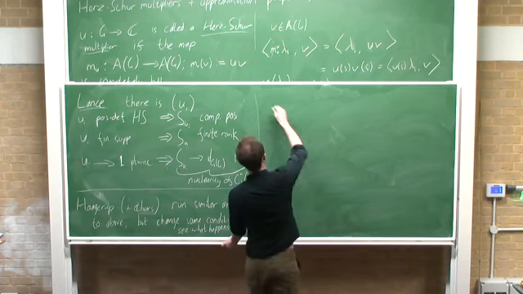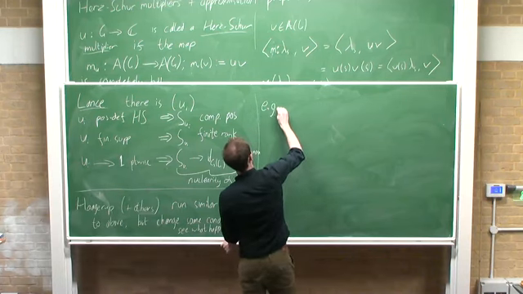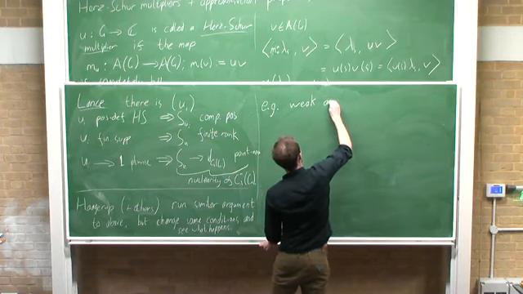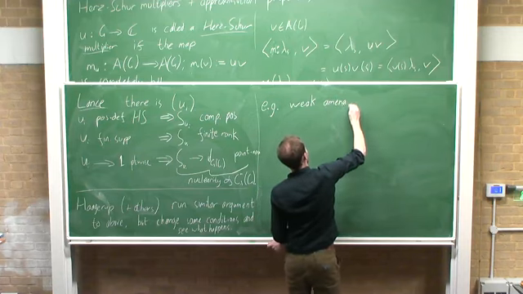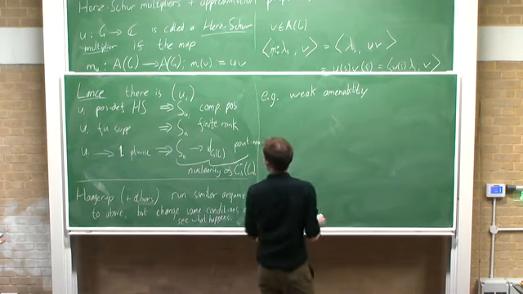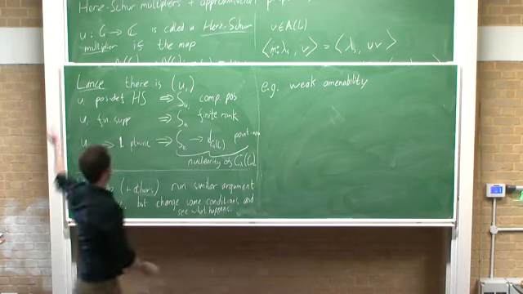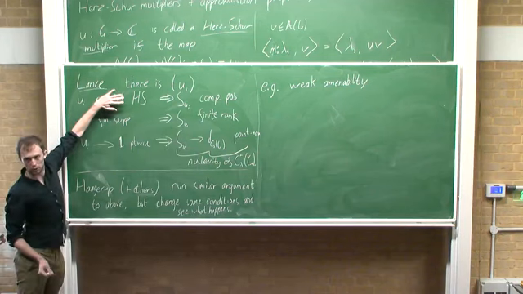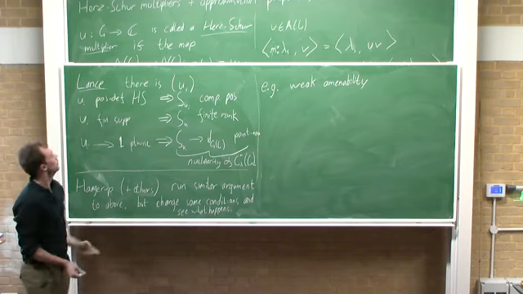So an example of this program is weak amenability, where we basically take these conditions but forget about the positiveness.